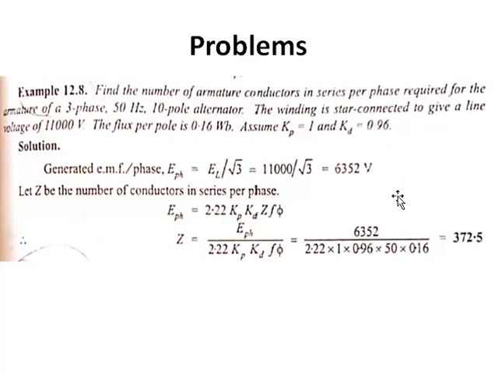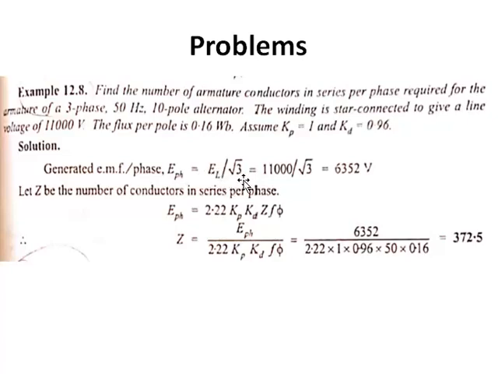Z. Only one equation we have: E phase is equal to 2.22 Kp Kd Z f phi. We have to calculate this Z value. First thing is, they have given the line voltage, not the phase voltage. This equation is for phase voltage, the RMS value of the voltage per phase. Since it is star connected, we know the relation between the phase and the line. What is the relation? E phase is equal to EL divided by root 3.